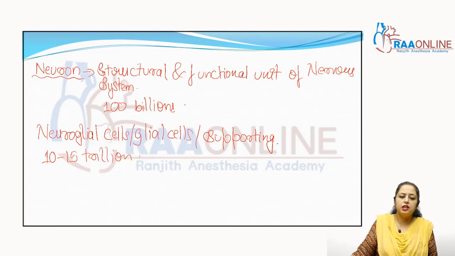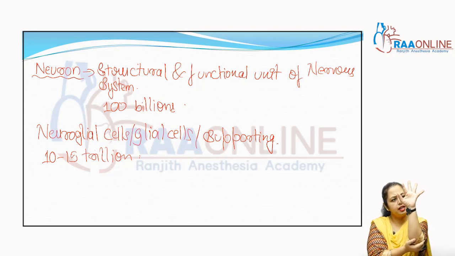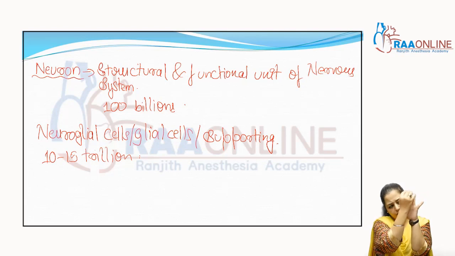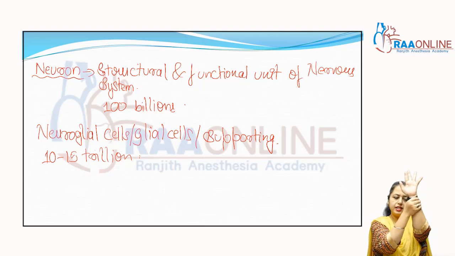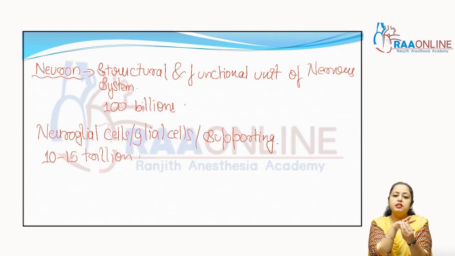Actually, that neuron is a cell-like structure. See here, that is your neuron, right? These are the dendrites, processes which carry impulses towards the cyton, right? And this is the cyton, this is the nucleus with Nissl granules, this is the axon hillock, that is the axon, this is the axon terminal, and from the axon terminal these are the synaptic knobs, right?